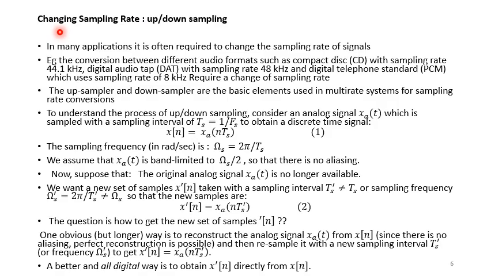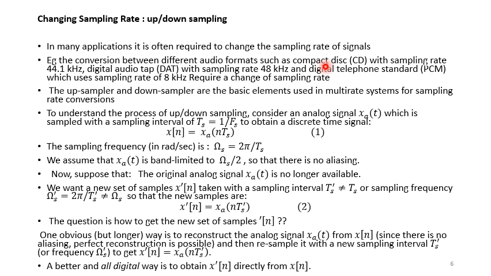From here onwards, we start a new topic, that is changing the sampling rate. Changing means that we can upsample or we can downsample. We have different formats for audio. For example, we have the compact disc or CD, and the data there has a sampling rate of 44.1 kilohertz.